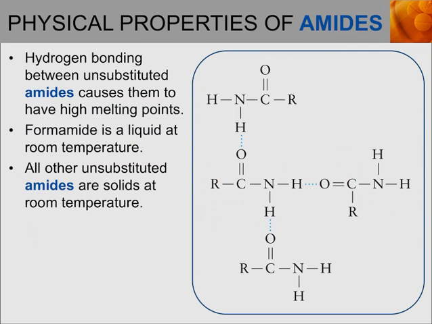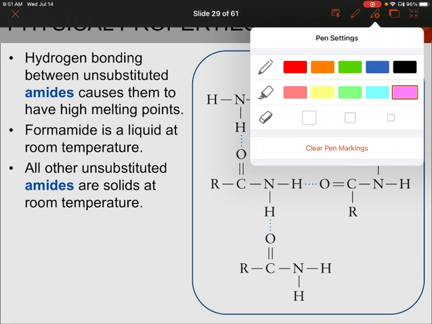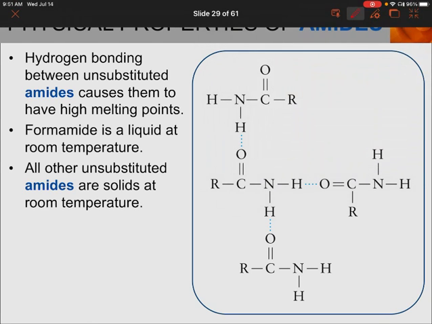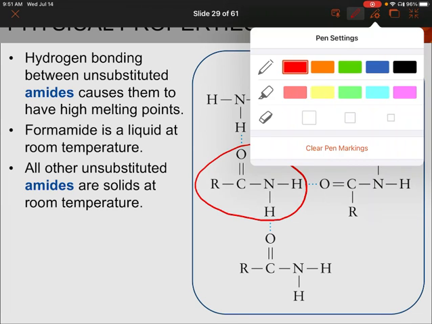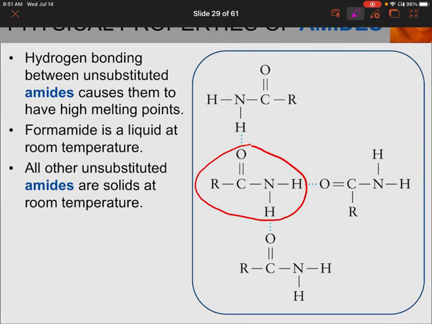Now let's talk about physical properties of amides. So remember, amides have a carbonyl group and a nitrogen group. So there are a lot of opportunities here for hydrogen bonding. So for instance, the carbonyl oxygen can hydrogen bond with a hydrogen from another amide.